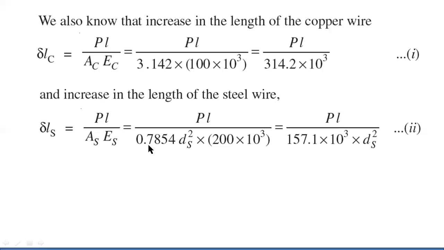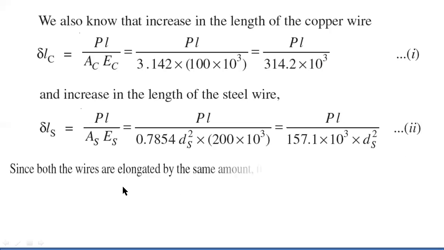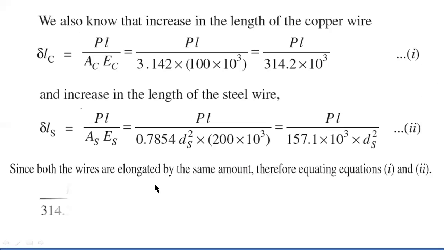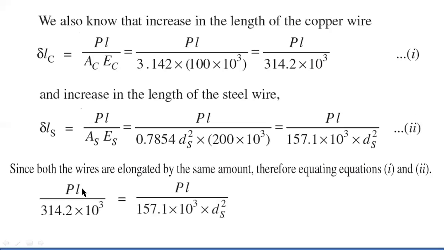In our question the change in length in both the steel wire and copper wire is the same, so that condition is given. From that condition you have to equate equation 1 and equation 2. Here the PL on the left side and PL on the right side are the same, so both are cancelled.